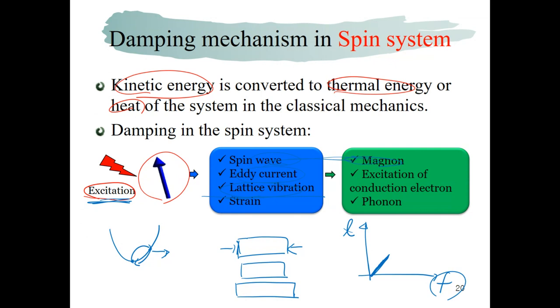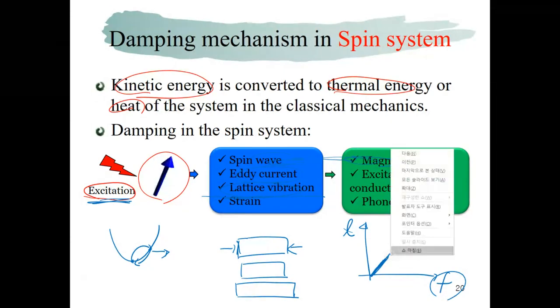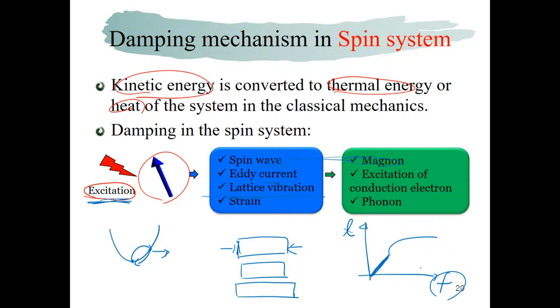But if you apply too much force, there can be some deformation, some sudden jump. I don't know the correct expression, but the crystal structure change is quite a different story. Don't confuse it.